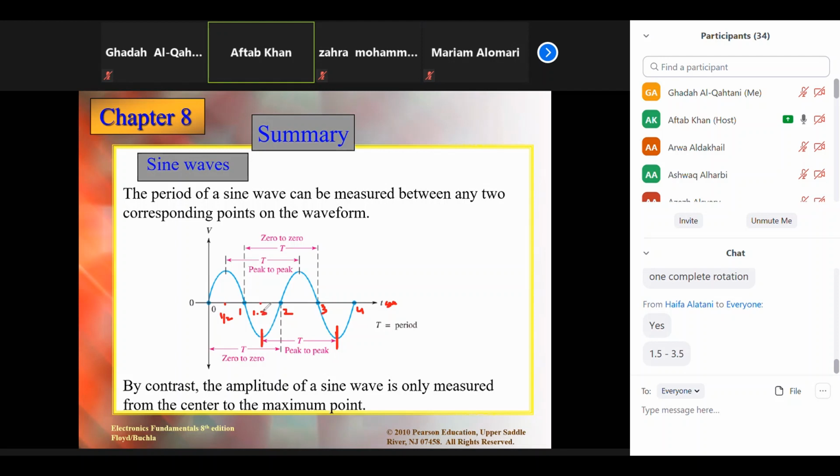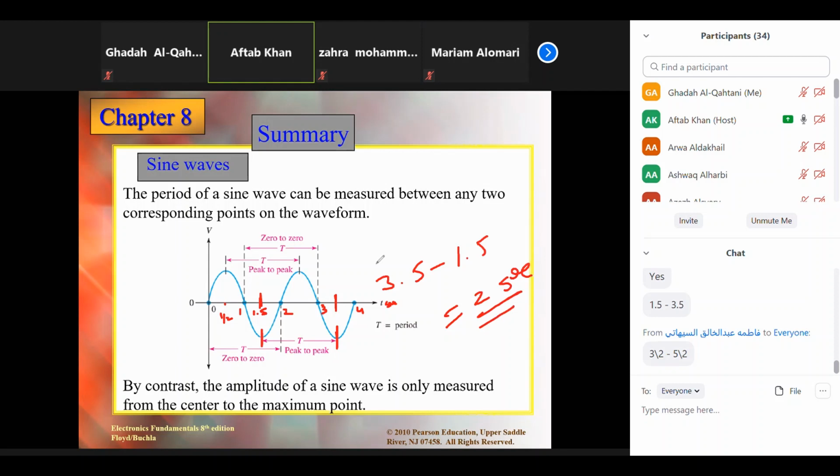So I want to measure it. What is the point here? If you look, it is 3.5, or here is 1.5. If you subtract 3.5 minus 1.5, you will get 2 seconds.